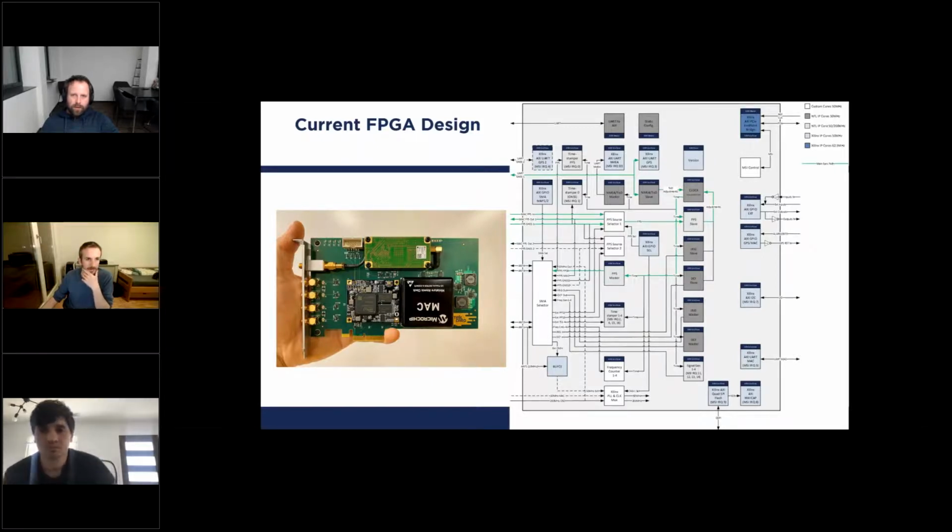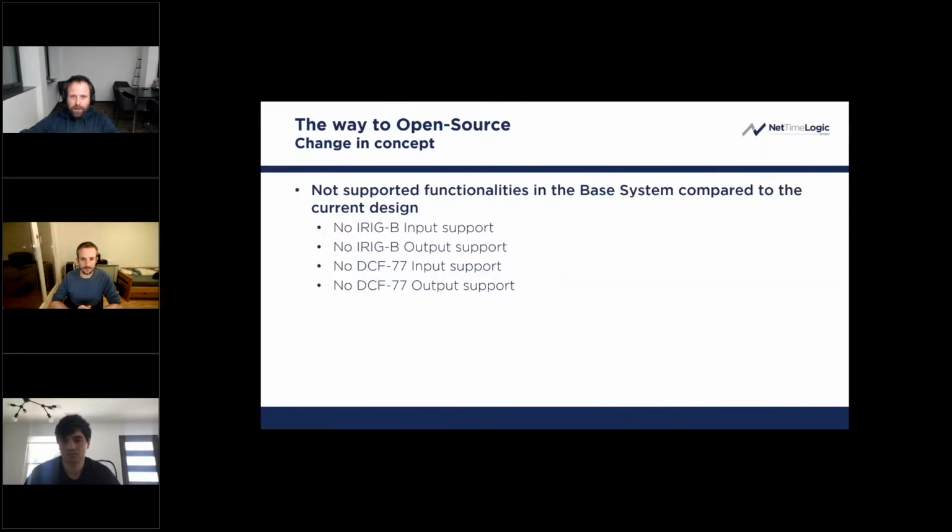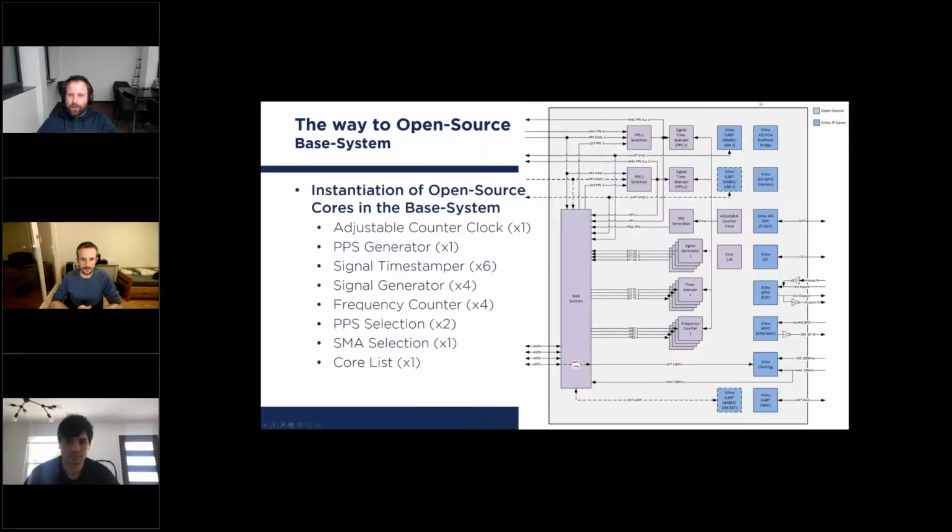I think the biggest pain in going to a different FPGA vendor is on the software side, because currently we rely on drivers which are Xilinx specific. So going back to my slide, all the blue parts you need to replace by Intel FPGA IP cores.